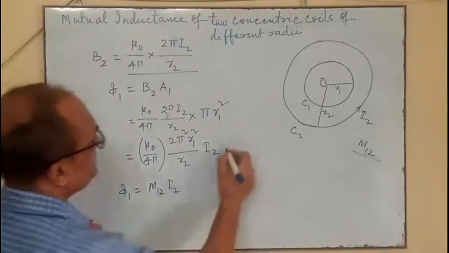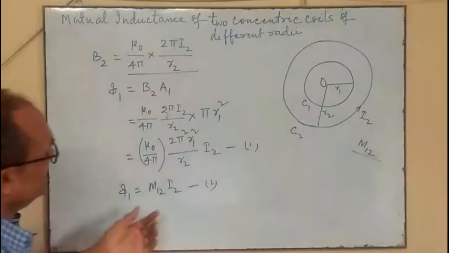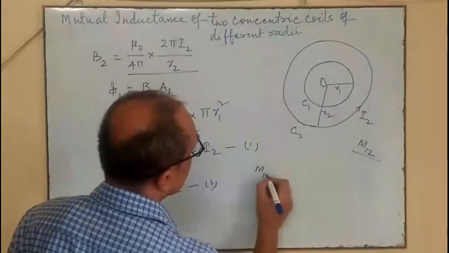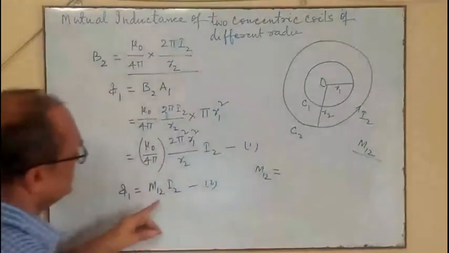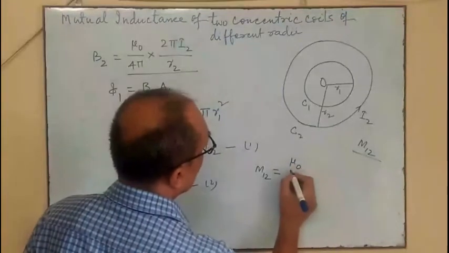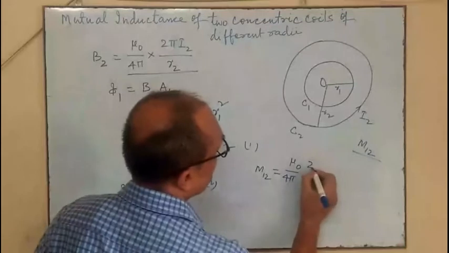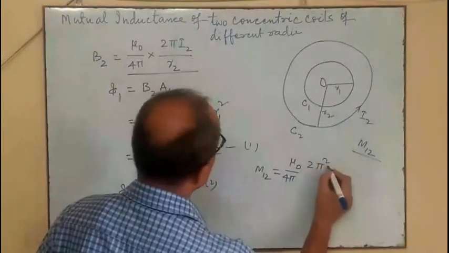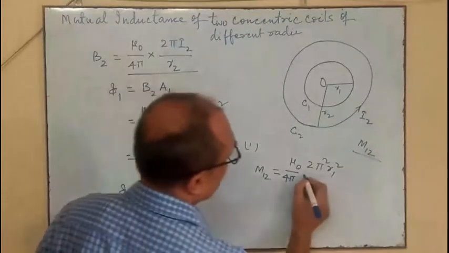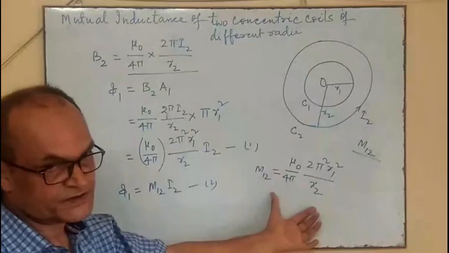Comparing this equation and this equation, we can say this M12 is equal to, this I2 will be cancelled, mu naught by 4 pi, 2 pi square R1 square by R2. This is the mutual inductance.